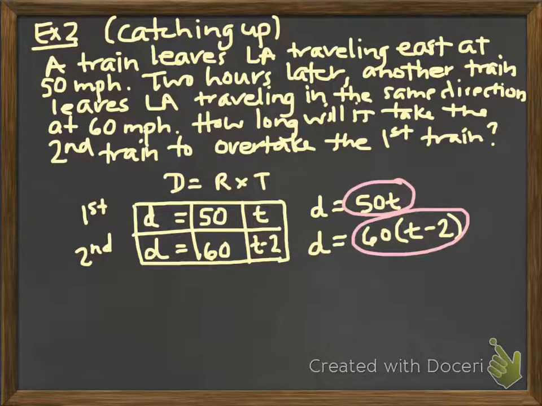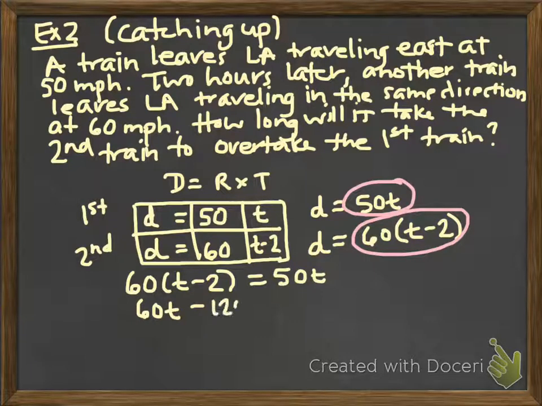So let's see now, 60 parentheses T minus 2 equals 50T. So that's 60T minus 120. Use the distributive property, equals 50T. Okay, let's see. We'll bring the T's over here, so that's minus 50T.